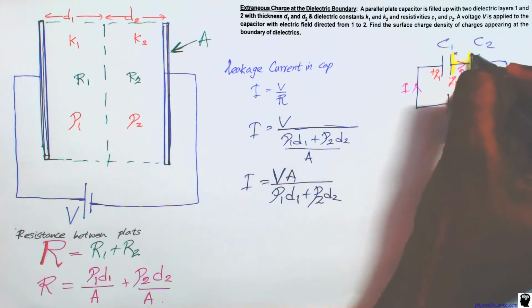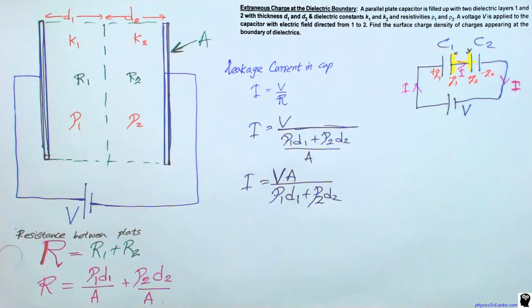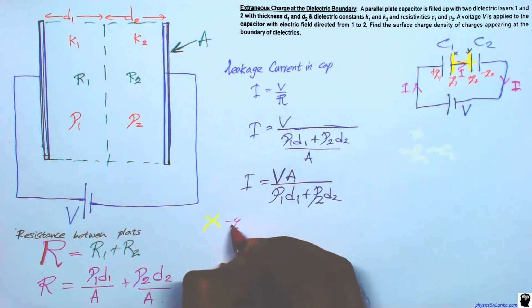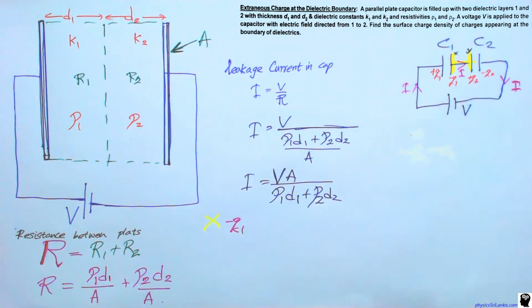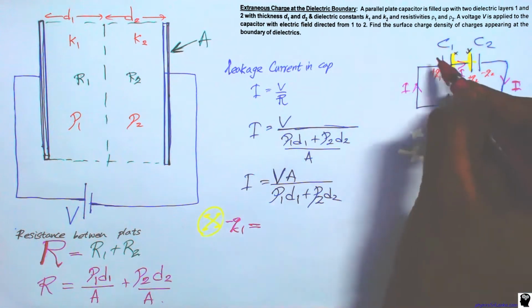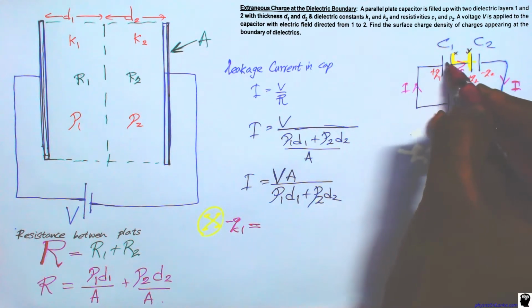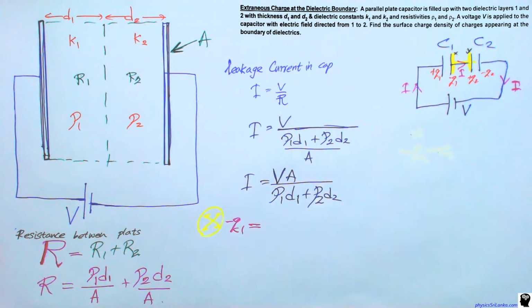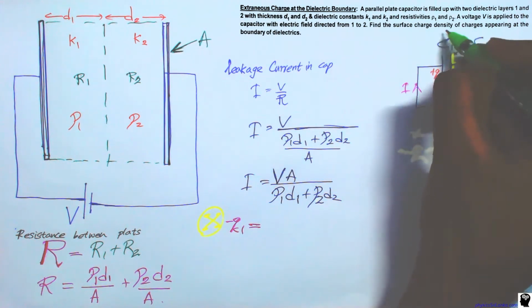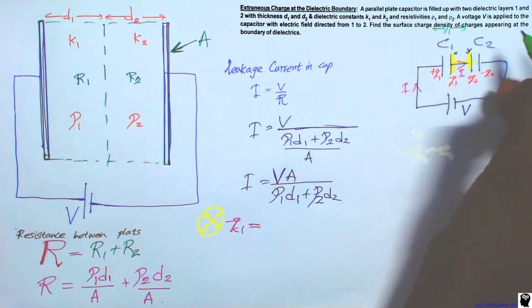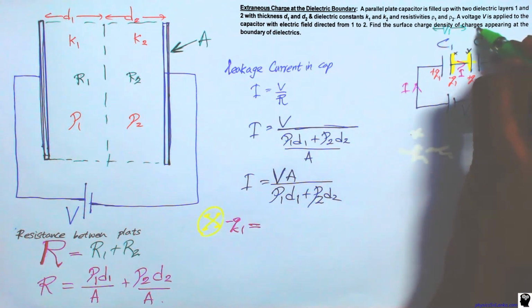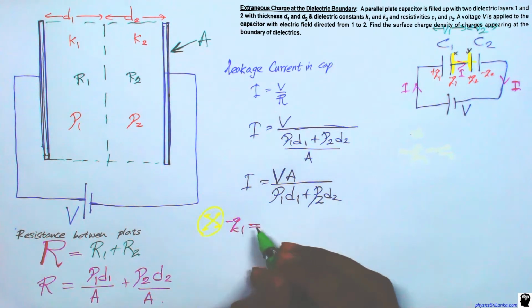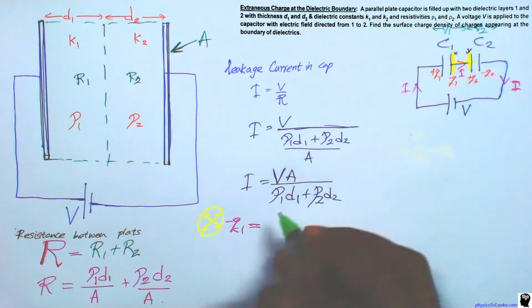Consider this plate X and this plate Y. The charge on plate X is minus Q1, whose magnitude equals C1 multiplied by the potential difference across this capacitor. The potential difference across C1 is V1 and across C2 is V2. So Q1 equals C1 V1.